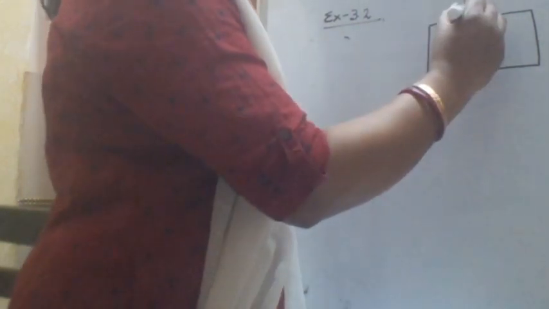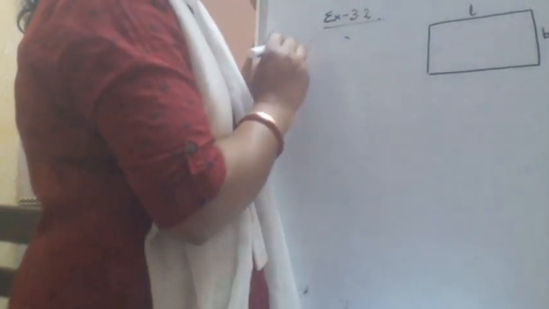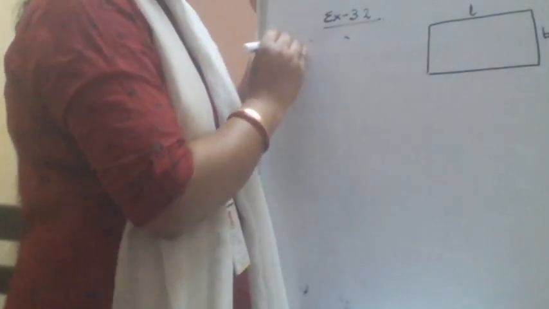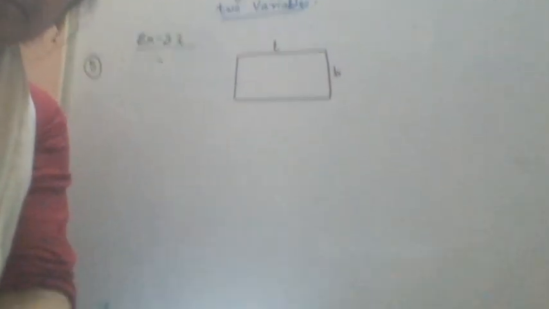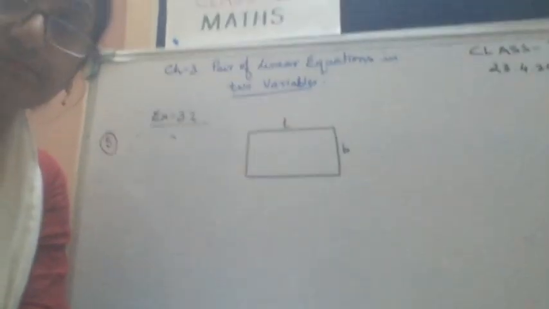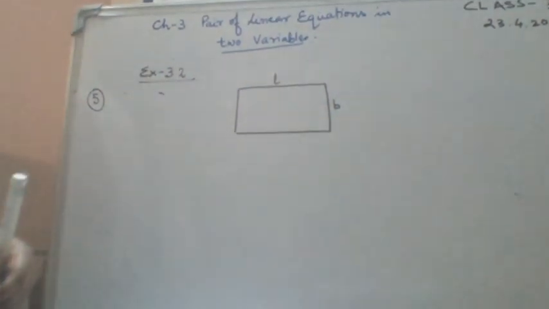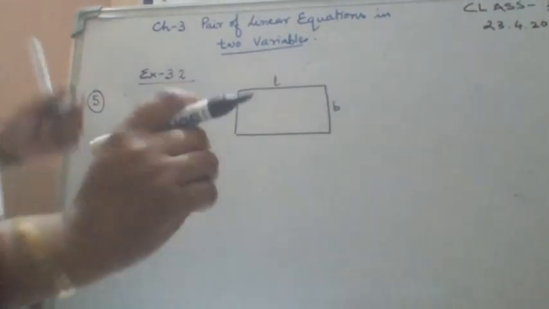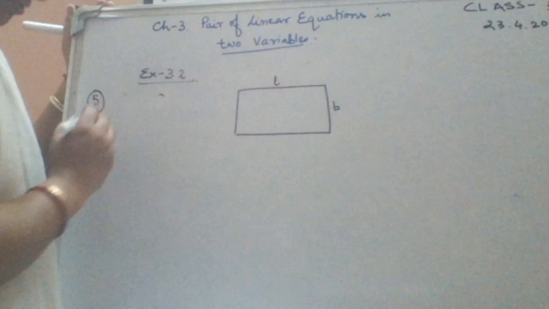Okay, so this is your length and this is breadth. We are doing question number 5, length and breadth. We are talking about perimeter.